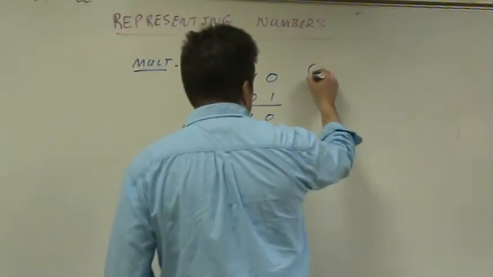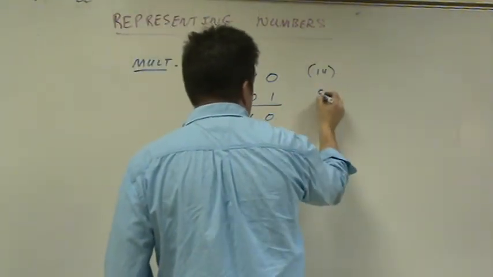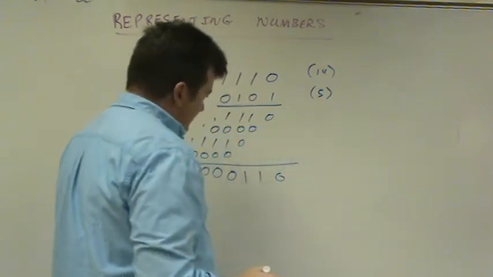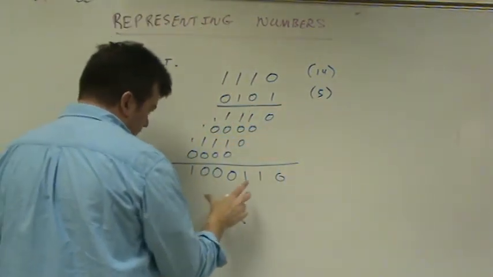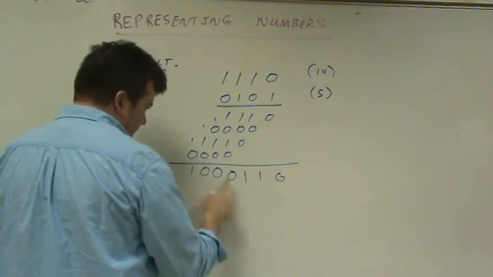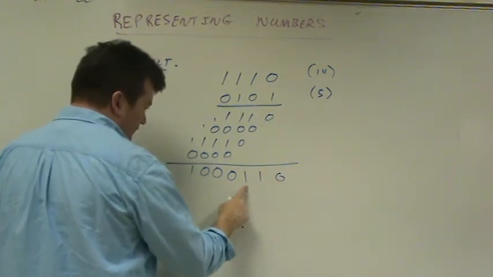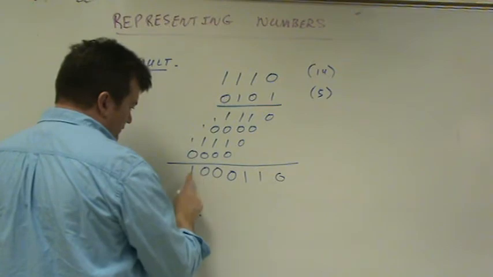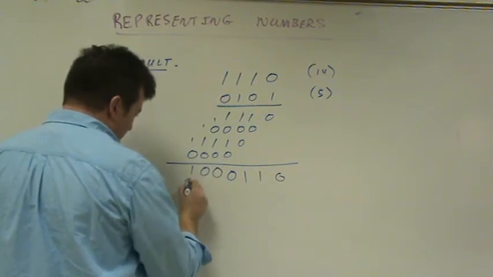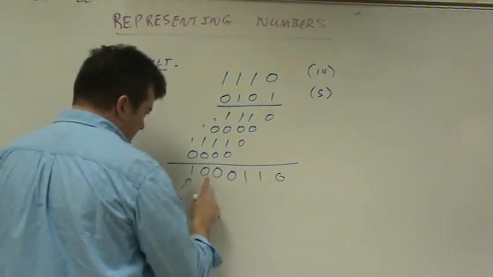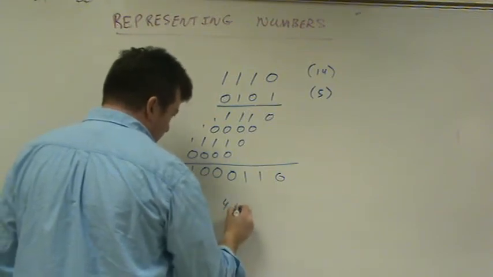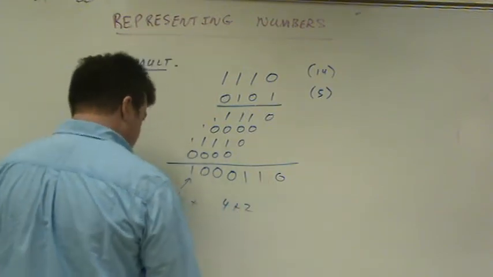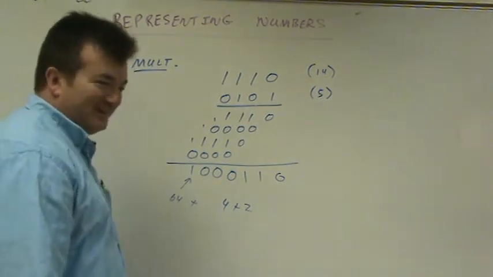So what am I doing in decimal? 14 times 5 is what? 70. And what do we have here? 1, 2, 4, 8, 16, 32, 64. This means 64 plus 2, 16, 84, plus 2, 70. Okay, good work.